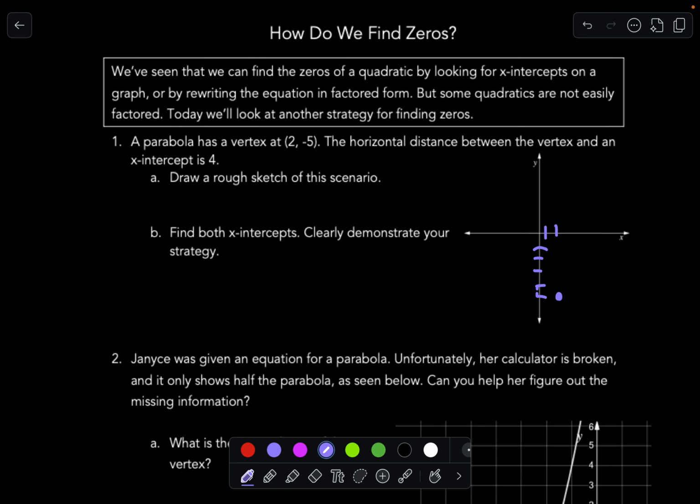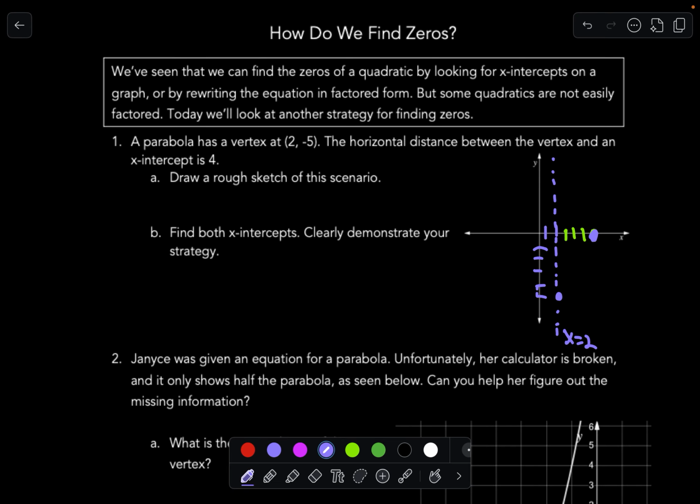That means if our axis of symmetry, our AOS, is x equals 2, and the horizontal distance between the vertex and an x-intercept is 4, we count 1, 2, 3, 4 and put a dot there, because that's where the graph crosses the x-axis on that side.